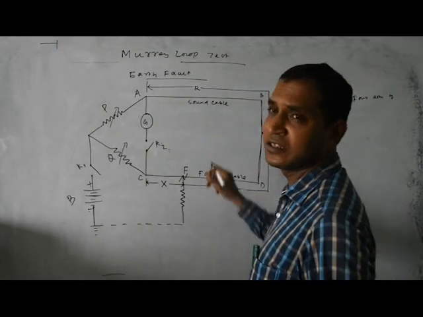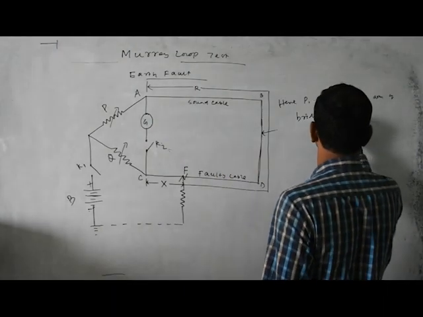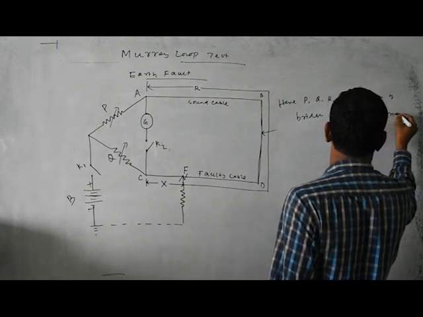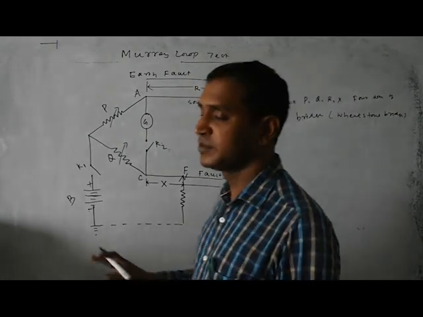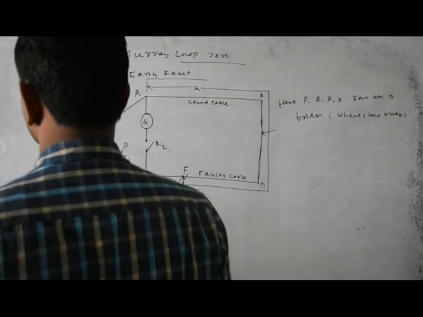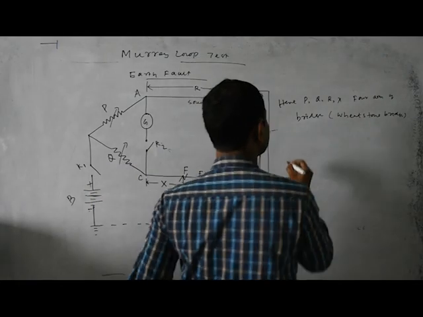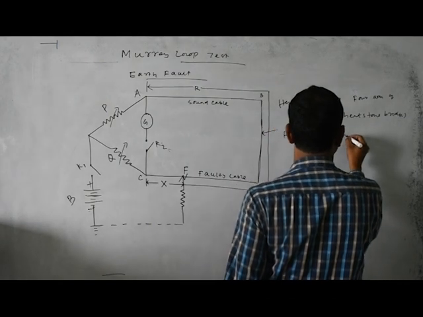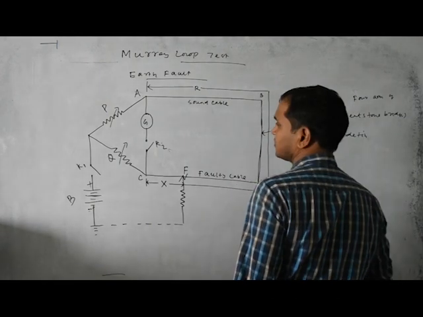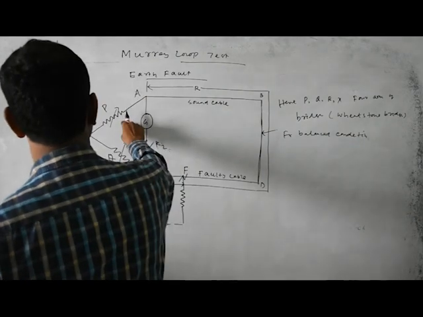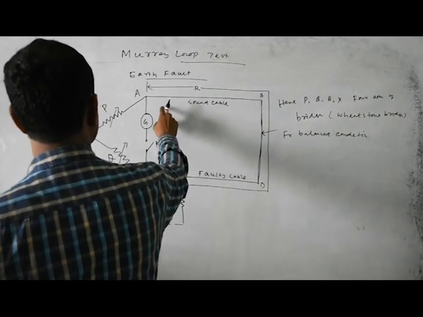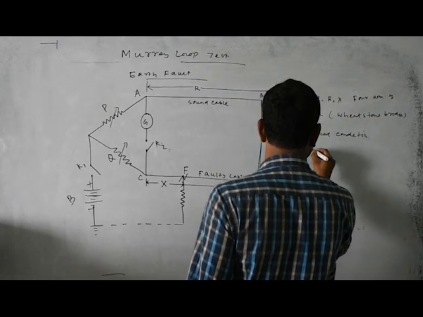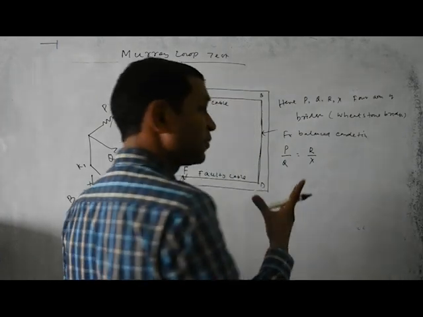That is why this is known as the Wheatstone bridge. For balance condition, P by Q equals R by X. This is for balance condition.